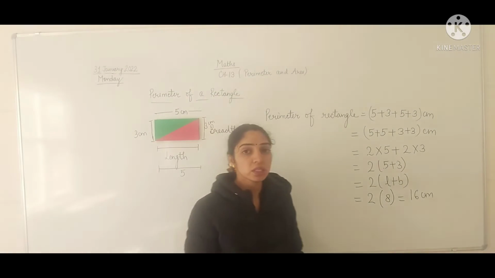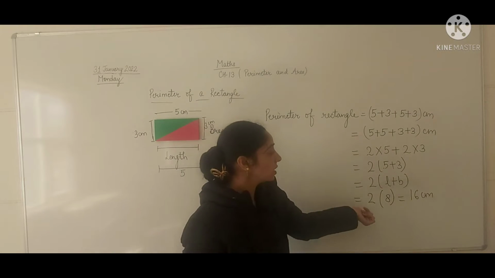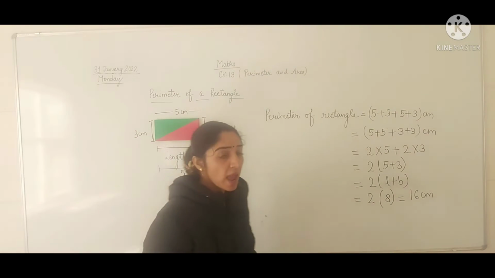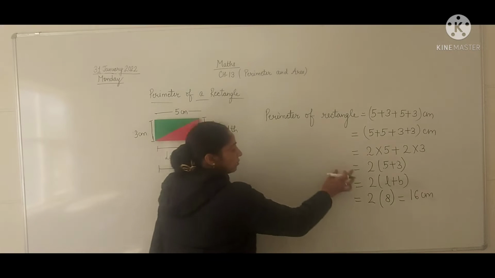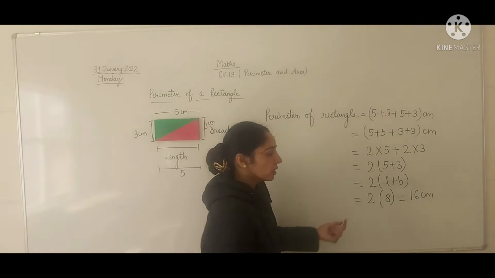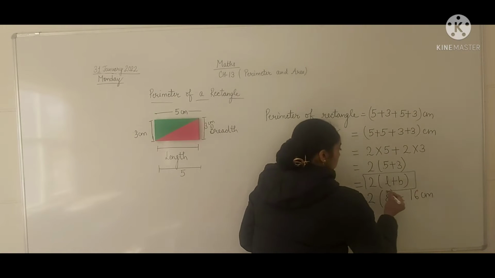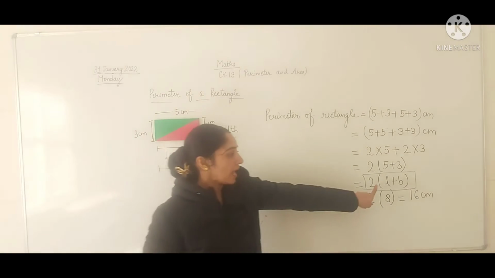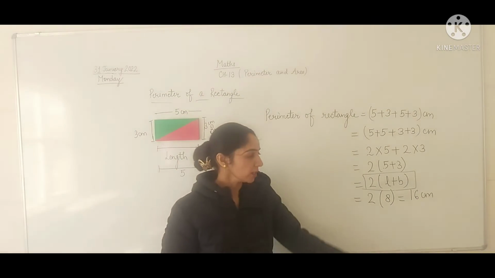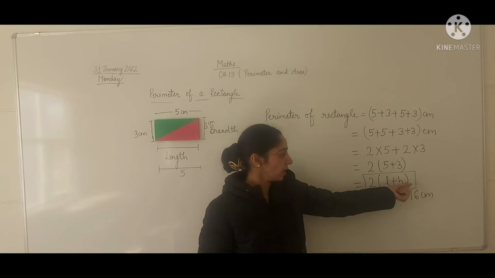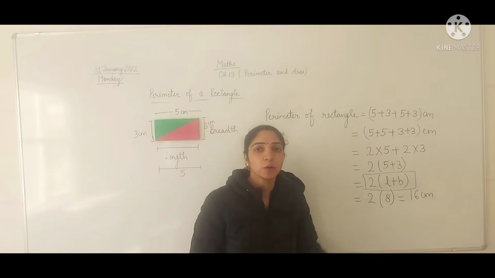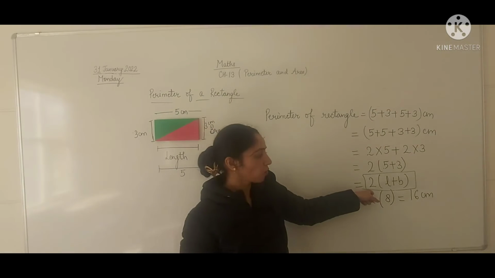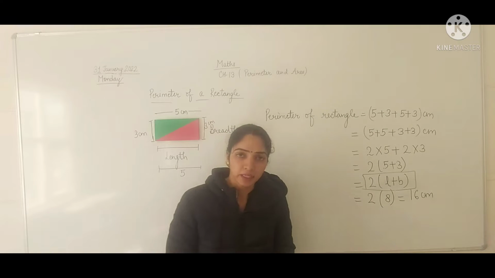Okay. So what is the perimeter of this rectangle? 16 centimeter. And what is the formula we derived by this? That 2 multiply length plus breadth. Okay. Length plus breadth multiply by 2.